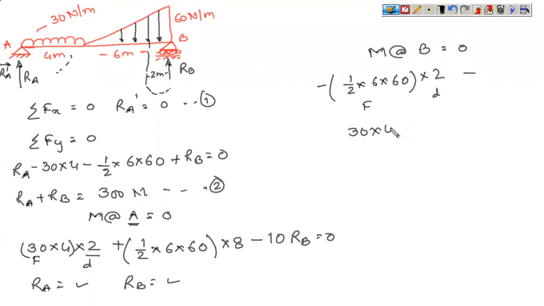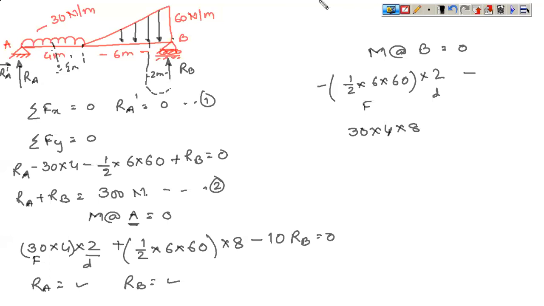30 into 4. This is your load. Now this is resolved at a distance of 2 meters from here. If this is 4 meters, this is resolved at a distance of 2 meters from here. That means it is 8 meters from B. Okay. Why you need to multiply it by 8?